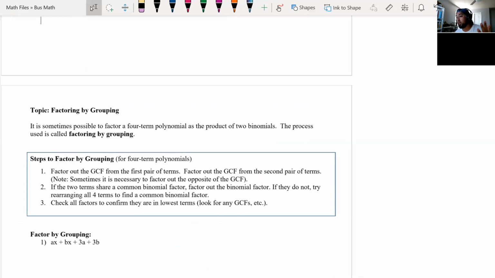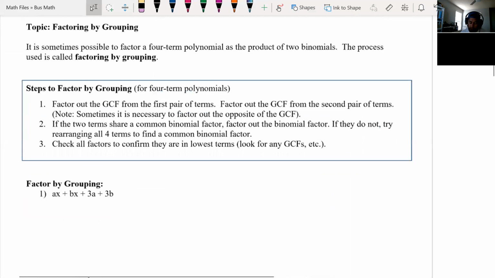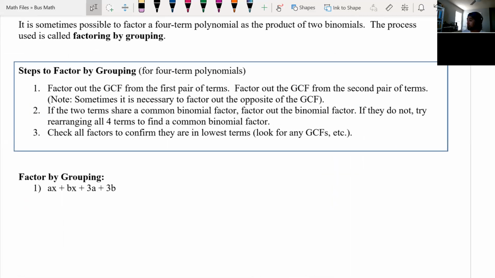So if we're ever given a four-term polynomial and we're asked to factor it, the only way to factor a four-term polynomial is by grouping. So you would look for a greatest common factor first. If there is none, then what you're going to do is group two terms together.